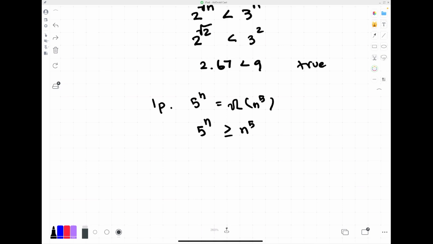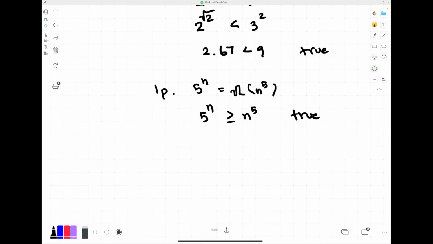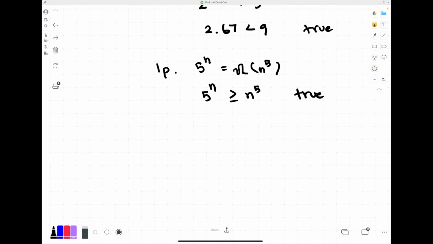So technically our left-hand side should always be greater than our right-hand side because this is the polynomial. So this should just be true. But if you want, you can also plug in numbers to see. But just be careful because you have to make sure you plug in a big enough number to be able to tell if it's growing faster or not.